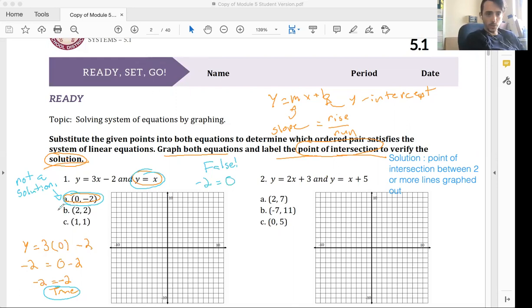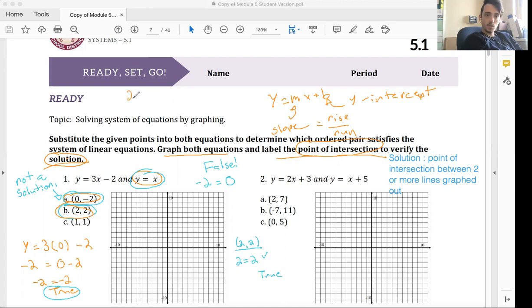Let's try (2, 2). Well, let's try the second equation first. So if we were trying (2, 2), this is claiming that y is 2, x is 2, 2 definitely equals 2, so that's a true statement. We were trying that for the first equation. Again, we're focusing now on (2, 2).